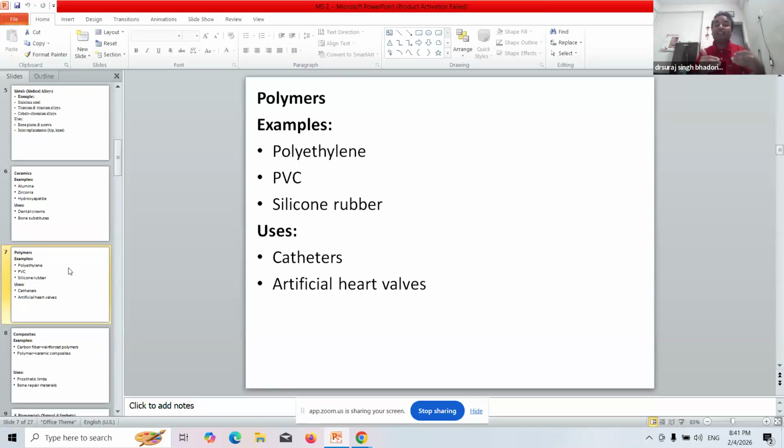So in that condition, we want a material which is flexible, which is not hard, which is not too rigid. So these are polyethylene, PVC and silicone rubbers. They are generally used for such catheterization or artificial heart walls, replacement of the natural walls. So these are the examples and the use of polymers.